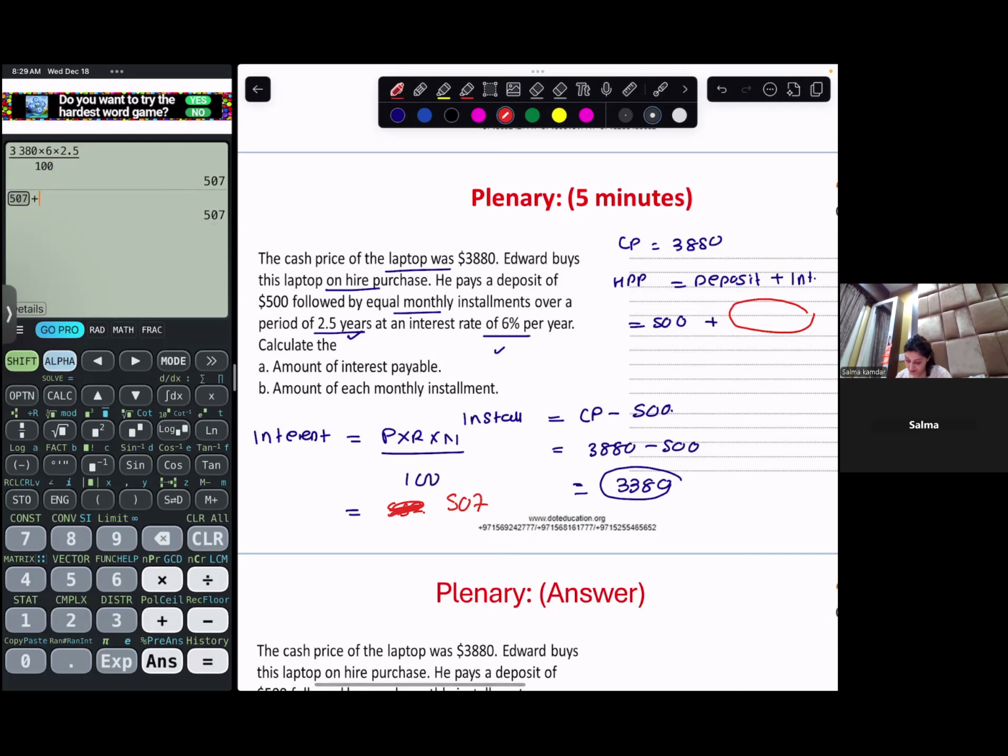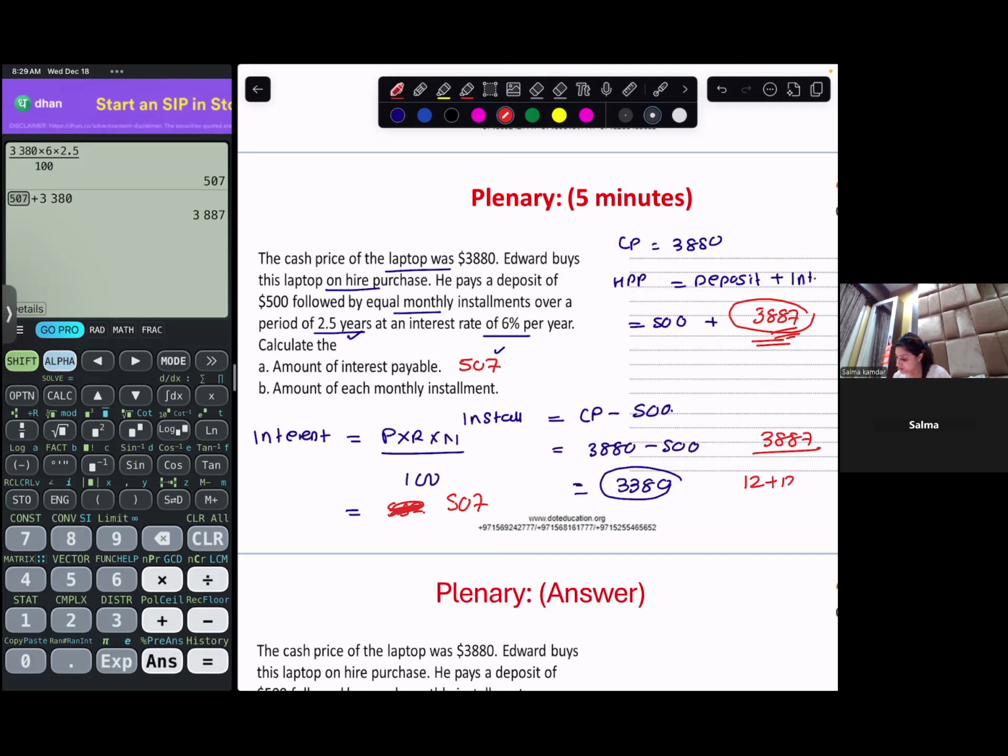Interest amount 507, remaining 3380. So this comes up to 3887, which will be my installments. So 507 would be my interest payable.